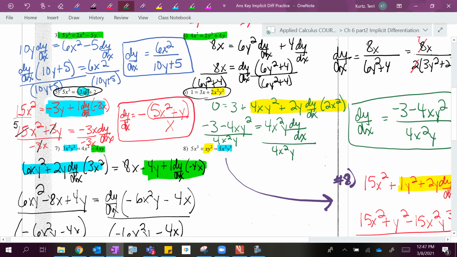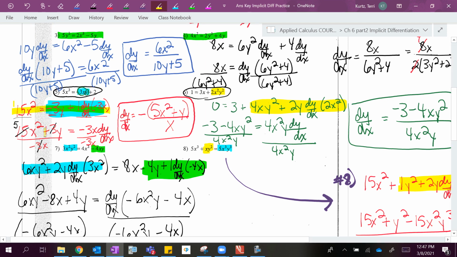So with the product rule, I did derivative of the first, which would just be negative 3 times the entire second function, which would just be that y, plus the derivative of the second function, which again is y. So the derivative of that would be 1 dy dx times the first, which is negative 3x. Okay? And then to go to this, so that's this first step.